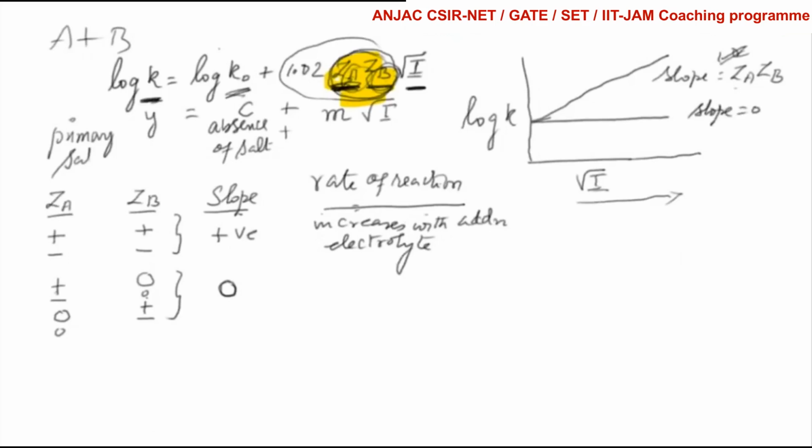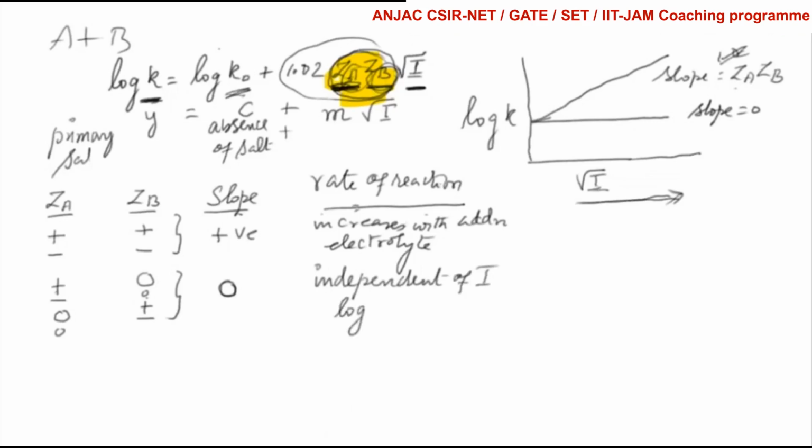Here the slope is equal to 0. What does it mean? Whatever the ionic strength you are increasing, there is no change in the rate constant. Therefore such a reaction is independent of the ionic strength.